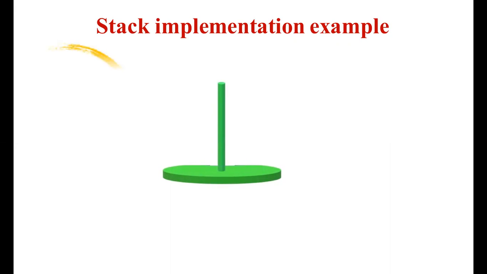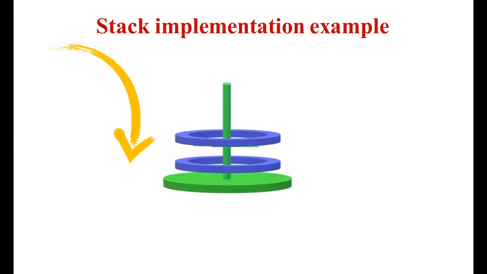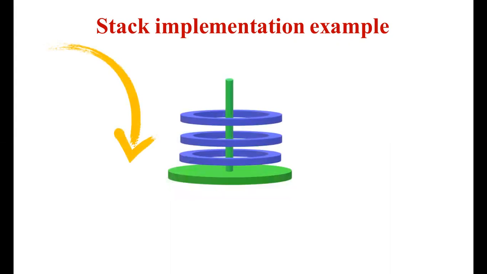One best example is placing CDs. That is, we can take the CD stand example. Here we are inserting the CDs. The CD will move like this. This is our first CD, this is our second CD, and this is our third CD.